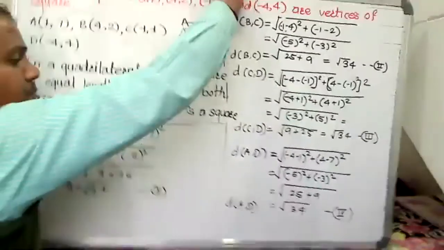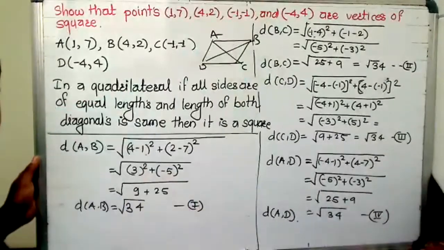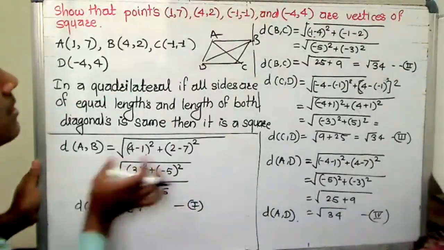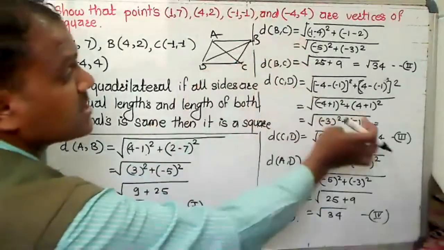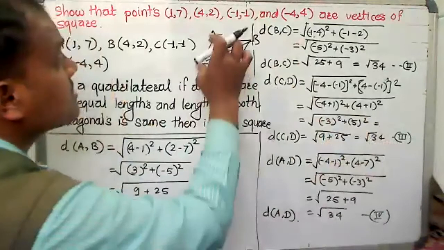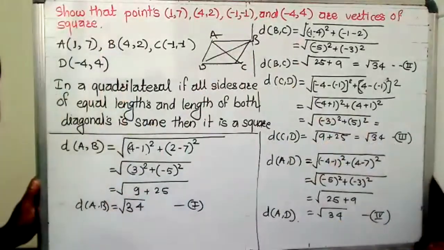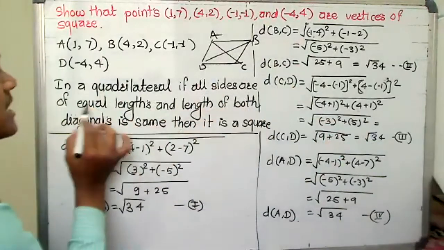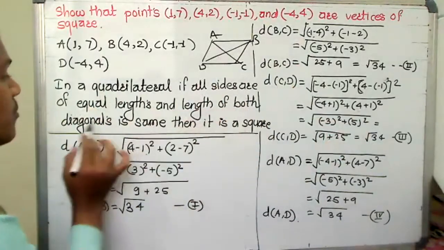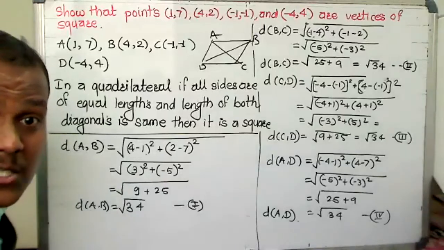And if you observe carefully, distance AB, BC, CD, and AD are also the same. Here, what we have written: in a quadrilateral, if all sides are of equal length and the lengths of both diagonals are the same, then it is a square.